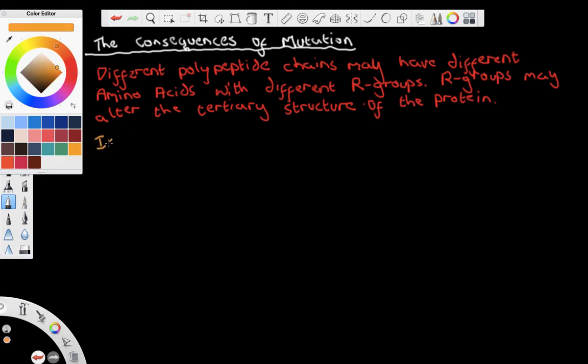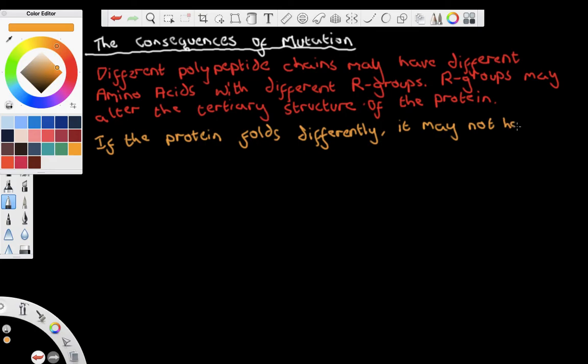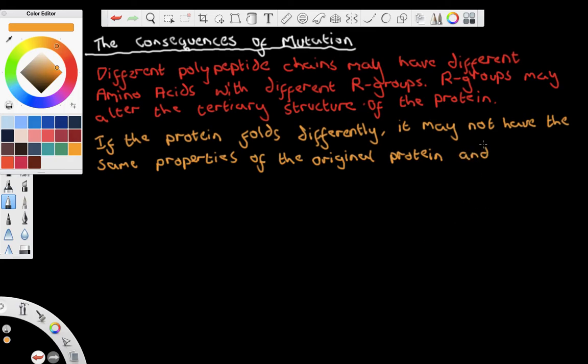So we can say if the protein folds differently, comma, it may not have the same properties of the original protein and work differently. Okay.